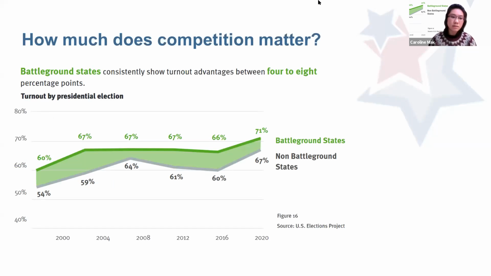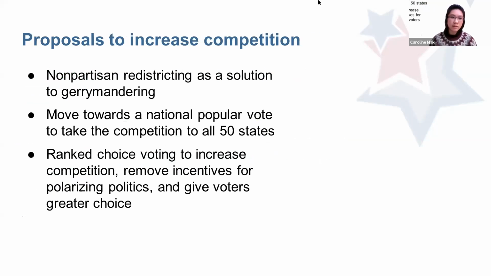We can see consistently that battleground states with more competition show turnout advantages between 4 to 8 percentage points. This is by presidential election. By making it easier for eligible voters to participate, there are just more ways to drive turnout, like these policies and proposals to increase competition.